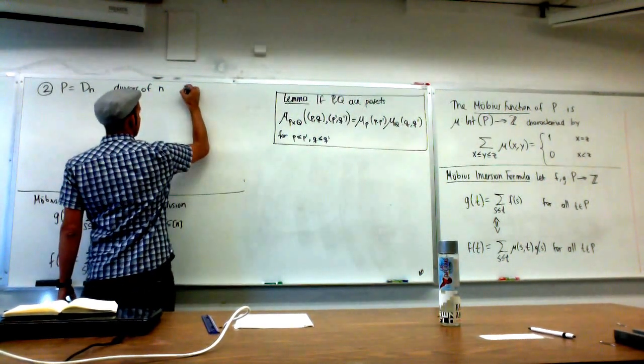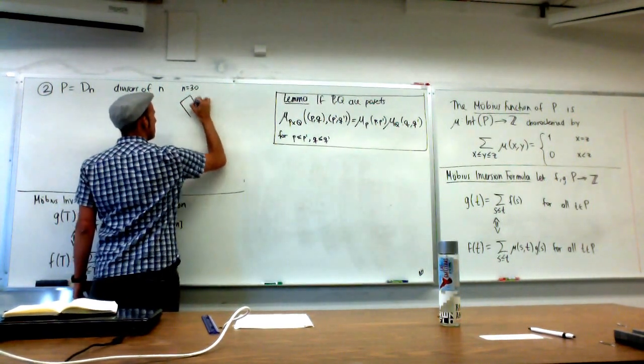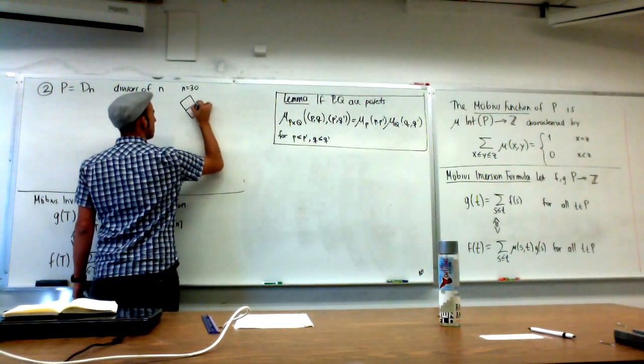And remember, for example, if n is 30, we did this picture, and it looks like this.